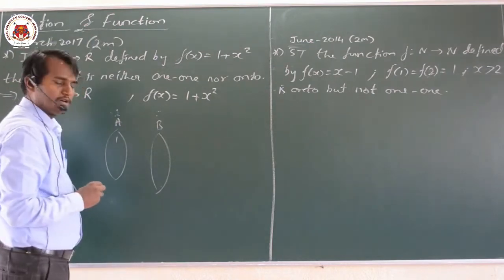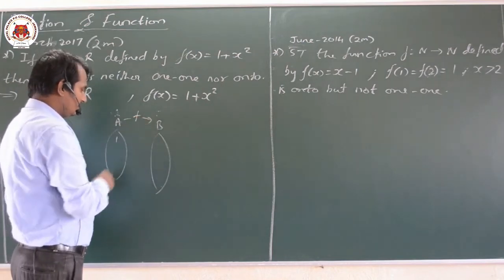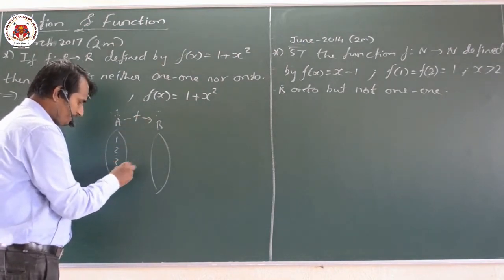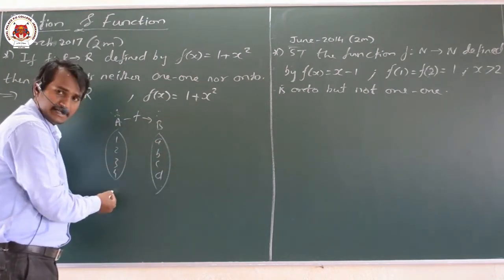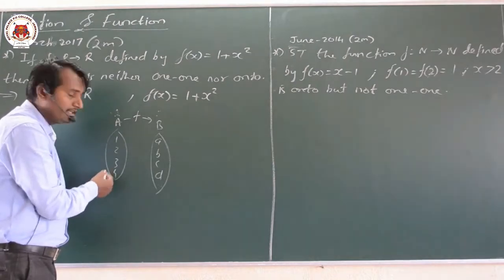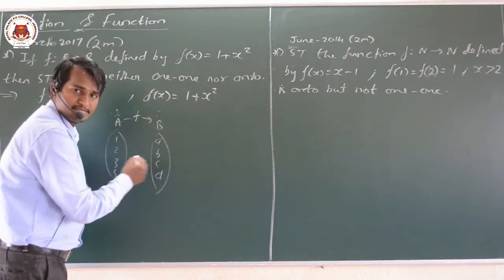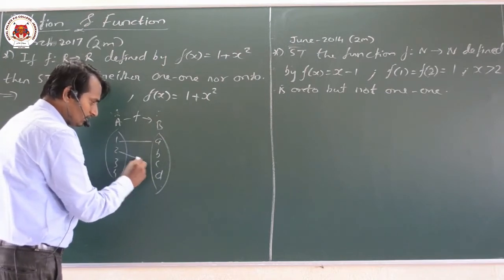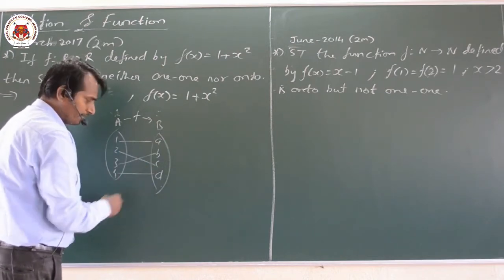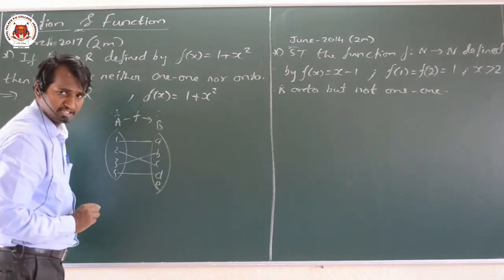But according to the definition of a one-one function, different elements of A have different images in the set B. That means if a function maps 1 to A, then 2 to C, 3 to B, then 4 to D. Here some values may be remaining, nothing wrong with that for one-one.